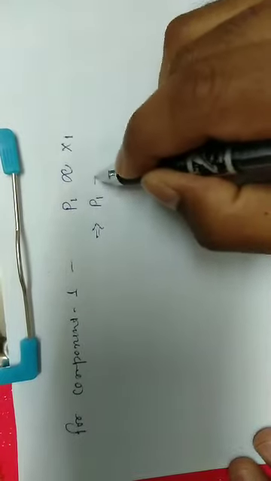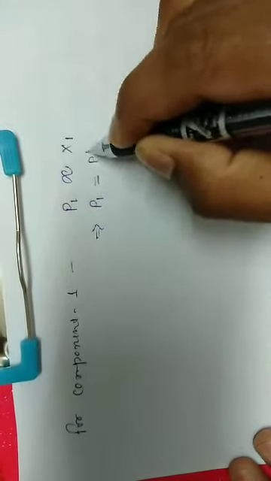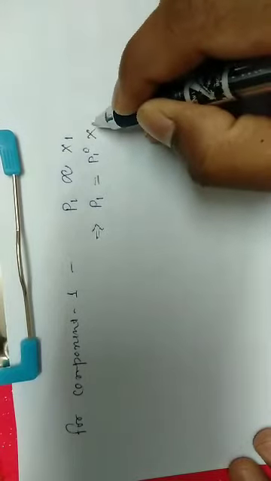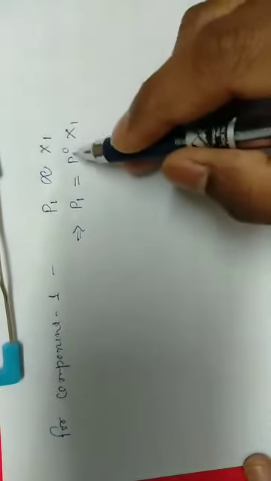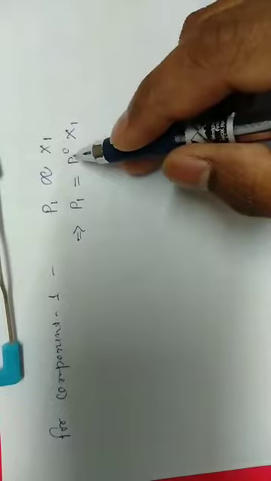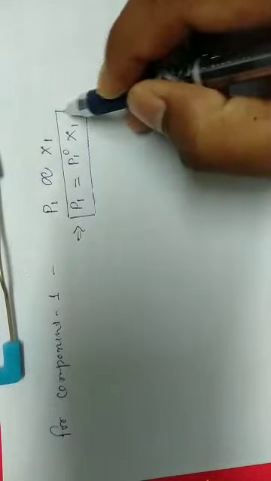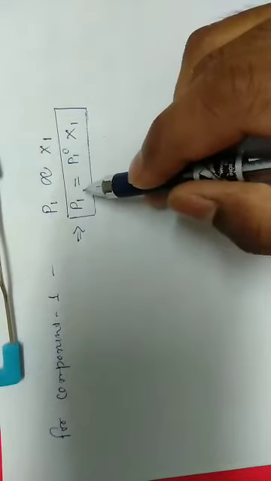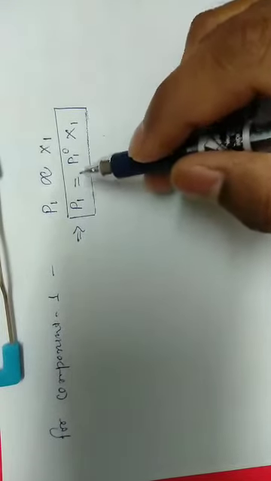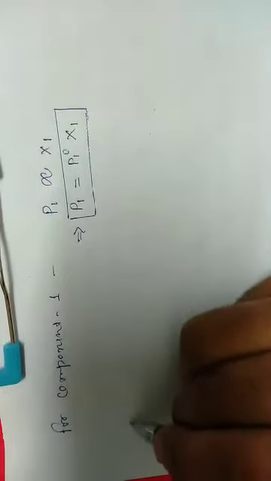So for component 1 in the above solution, P1 is directly proportional to X1. The proportionality sign is removed by putting a proportionality constant: P1 equals P1 naught times X1. What is P1 naught? P1 naught is the vapor pressure of the pure component 1. So this is the mathematical form of Raoult's law for component 1 in a liquid solution.